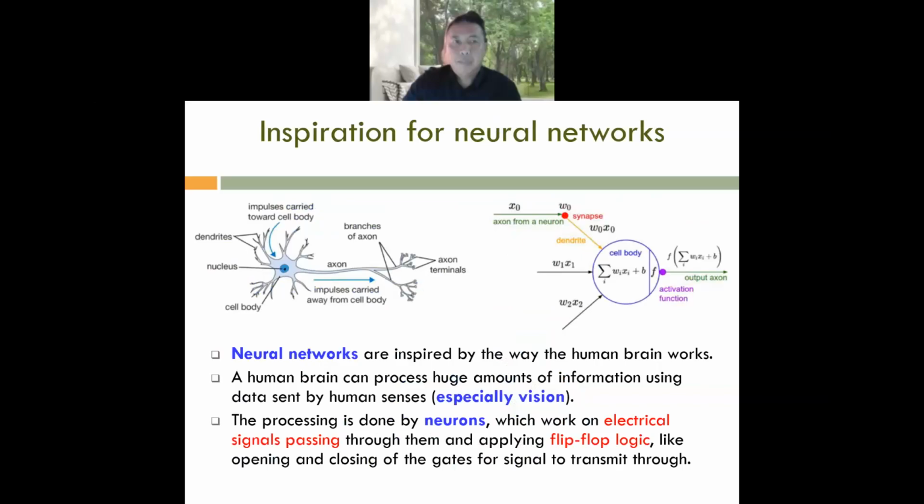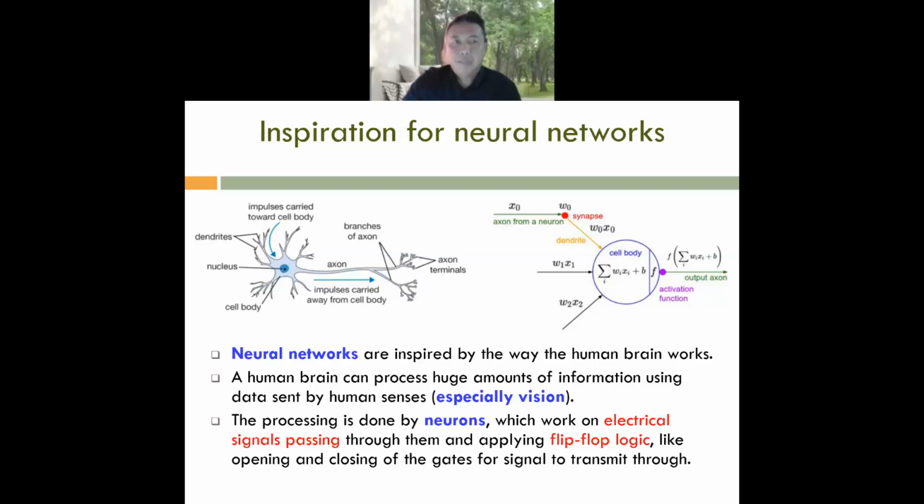Okay, so the inspiration for neural networks comes from our brain. Especially when we're talking about vision, because when we talk about vision, how does our brain function in trying to perform classification or recognition or identification?